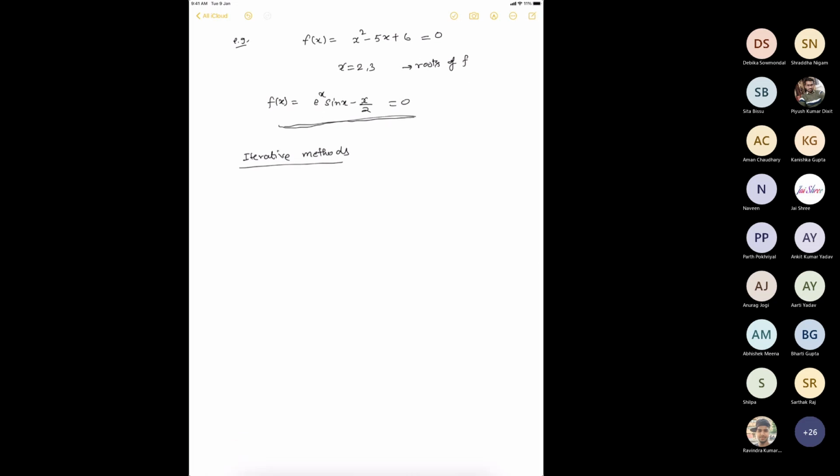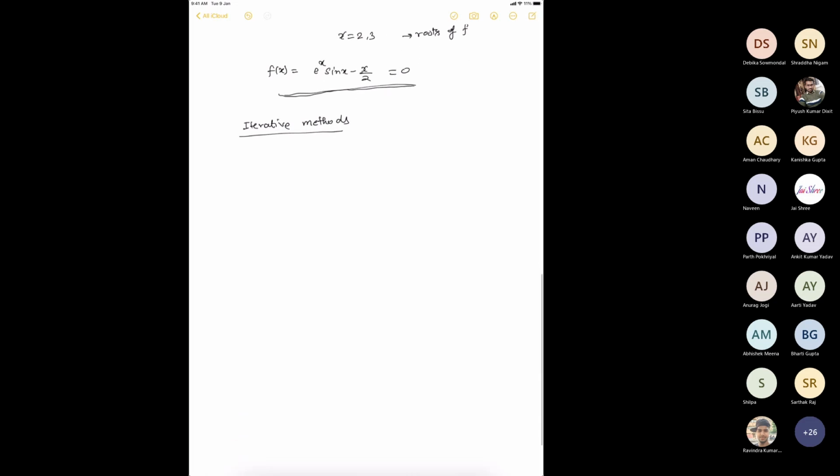Now, before going into any particular method, let's understand what iterative methods are. In iterative methods, what do we do? We start with some initial guess, say x naught, and then we apply the method. We will see the particular methods for solving these equations, and upon applying the method, we will generate the next iterate, x1, right?